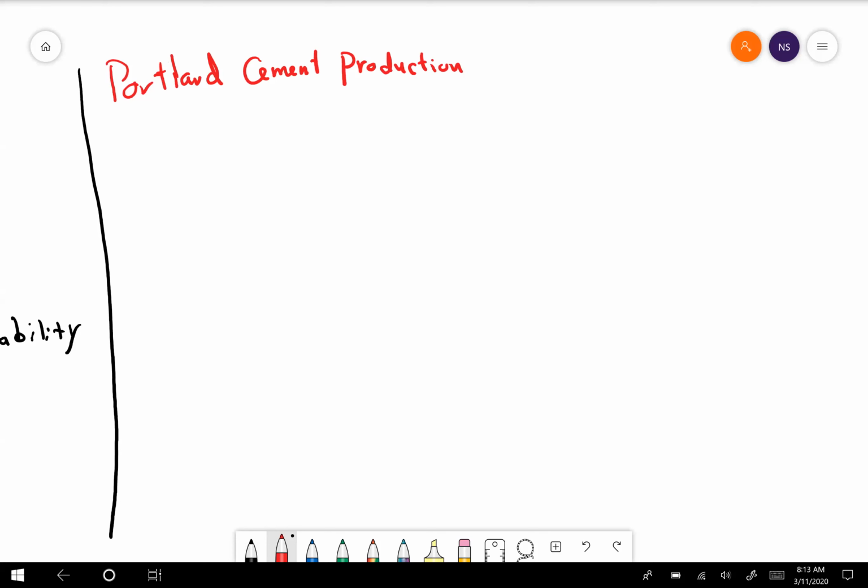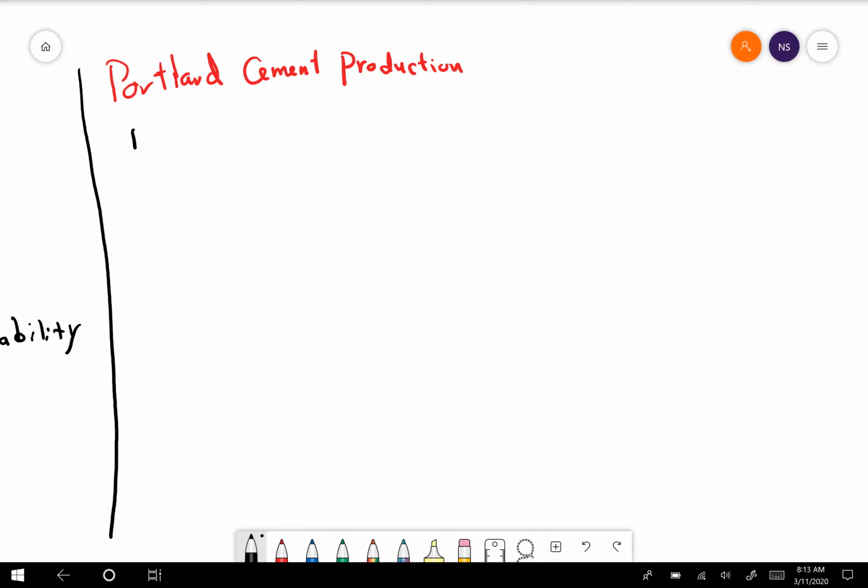I'm probably going to attach a link on Canvas to a video for a cement production plant that you can clearly see the steps and the diagram that shows the production steps for the Portland cement, but we are going to talk about these steps briefly here, and then you should be able to see the graph and also the video on your Canvas course page.